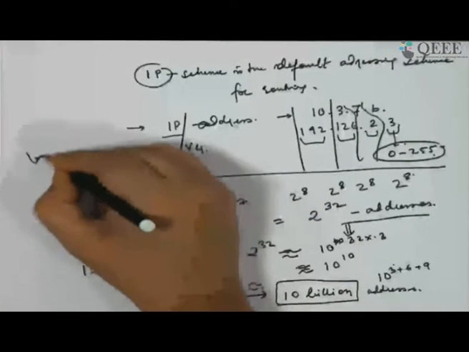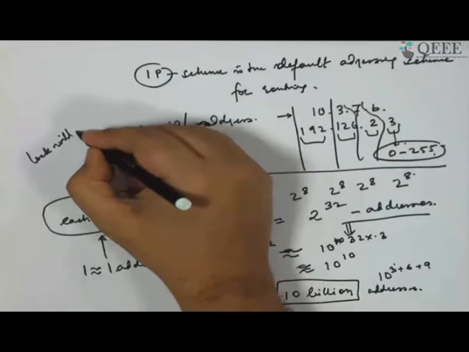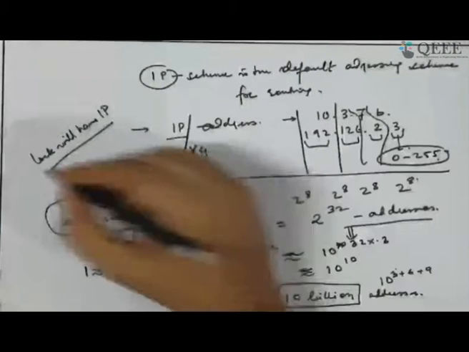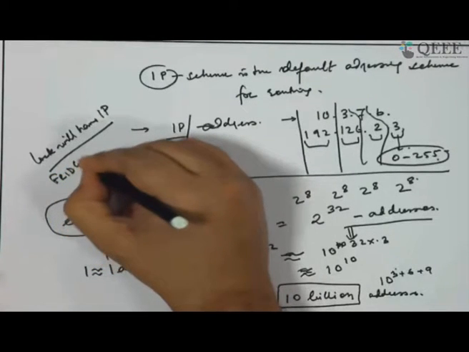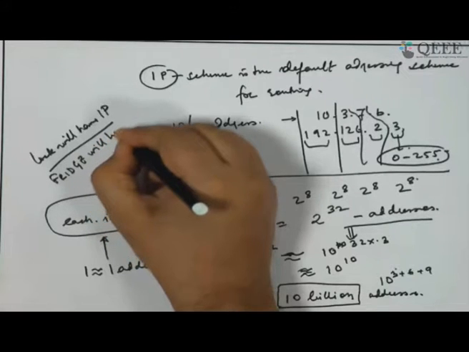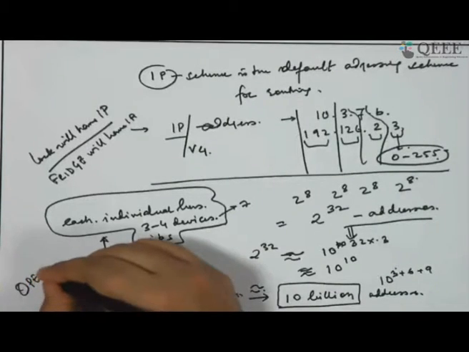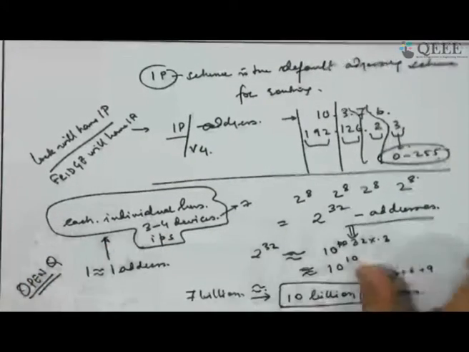Your lock will have an IP, your fridge will have an IP. So every device may slowly begin to have IPs. So how will this IP addressing scheme accommodate all these sorts of devices? This is an open question which we will talk about a little bit in the class.